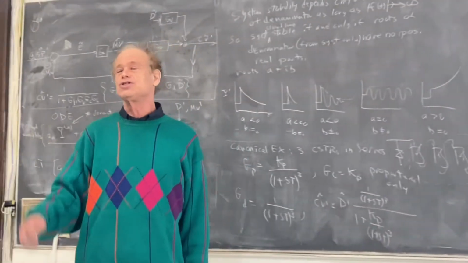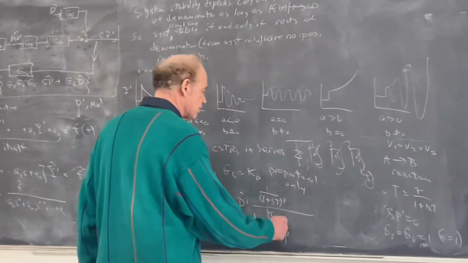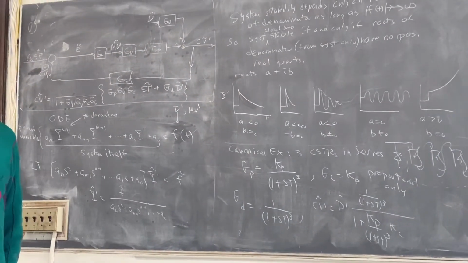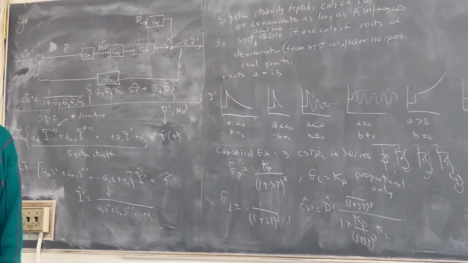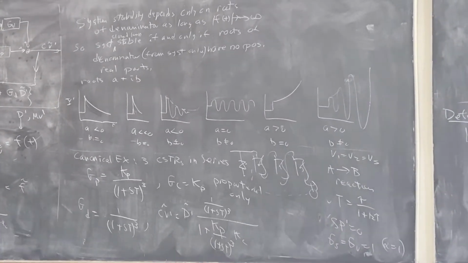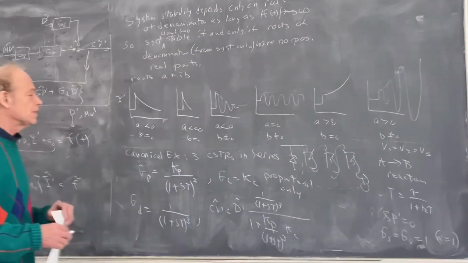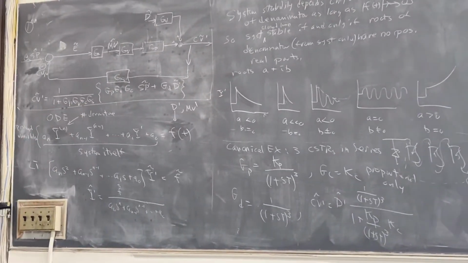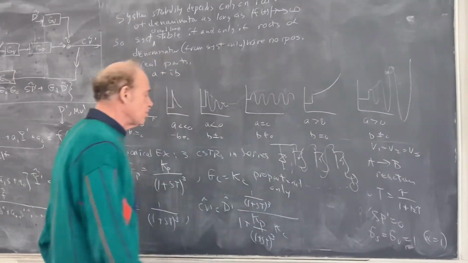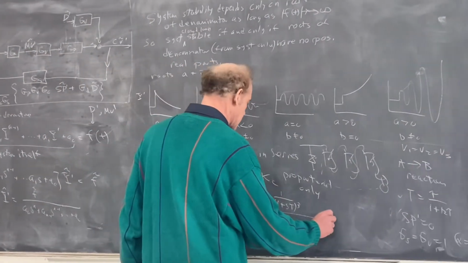Okay, this is just showing me that people come here and they don't listen. It's written on the blackboard. I said it a second ago. What is GS? I said, what is GC? GC is AC. And what is GS? 1. GS is 1.